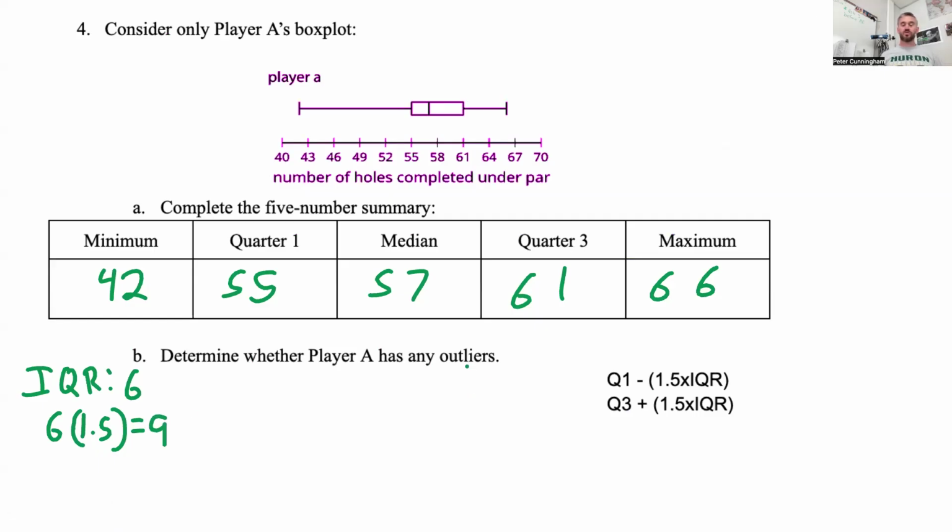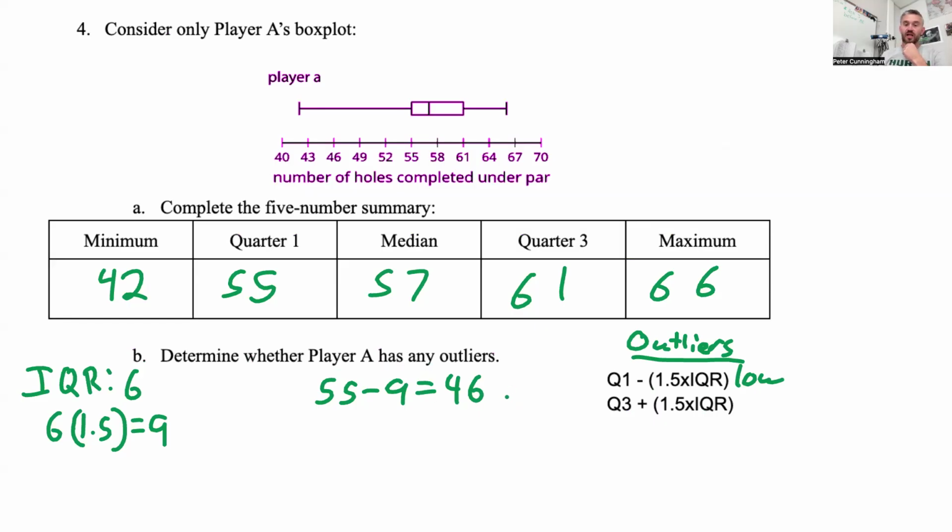So according to my outlier formula, you'll have this formula on your test. Okay. If you are a low outlier, then Q1 minus that number that we just did will be below that. So let's see what's going on with player A. So if we do 55 minus 9, we get 46. Okay, so does player A have any outliers?